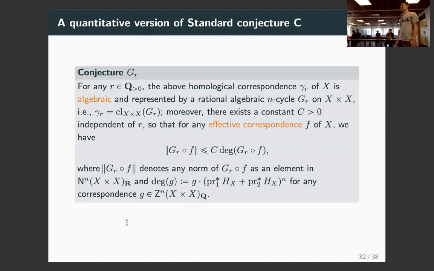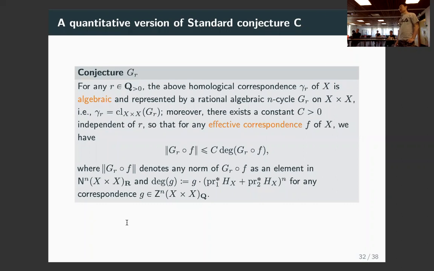It says that for any positive rational number R, the above homological equivalence is algebraic, and it can be represented by a rational algebraic cycle GR, such that there exists a uniform constant C independent of R, such that for any effective correspondence F, we have the following inequality.